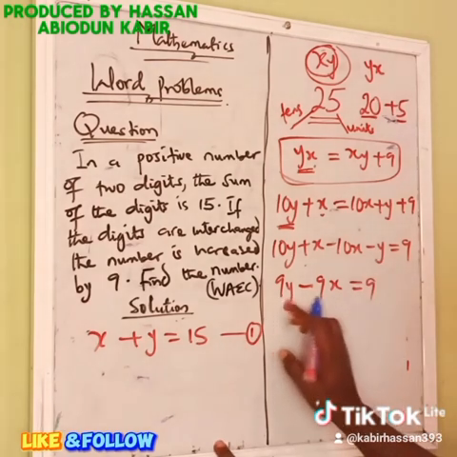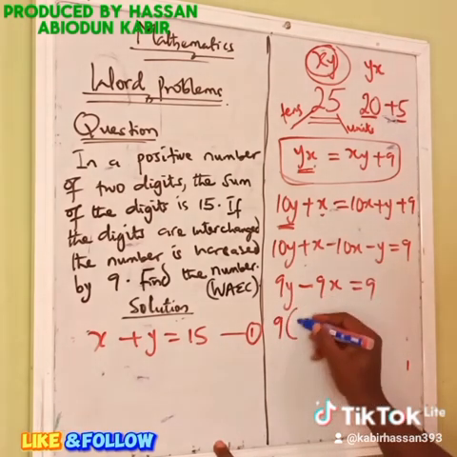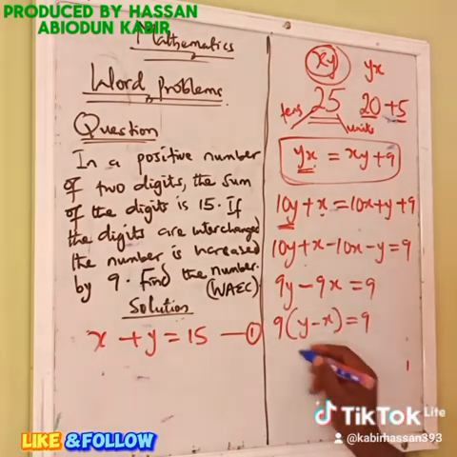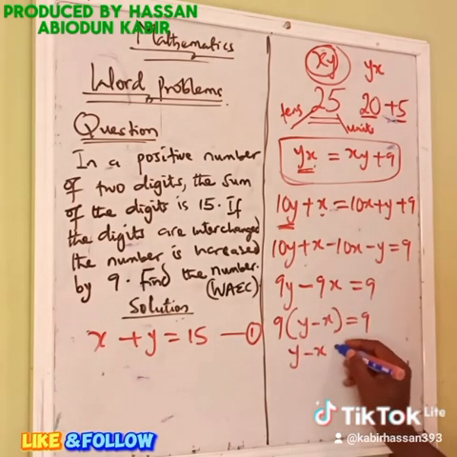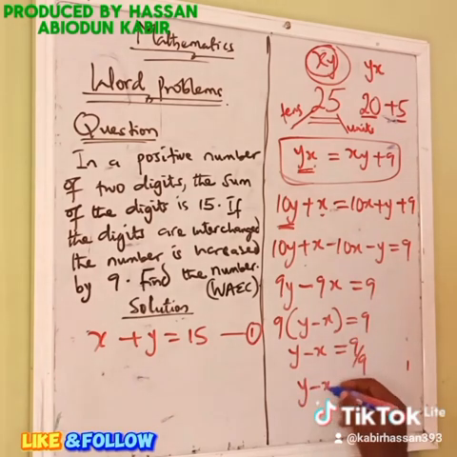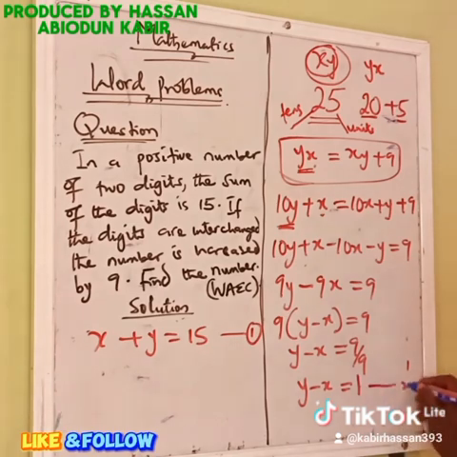Then we can factorize 9 out here. So we have 9 into y minus x equal to 9. So y minus x will be 9 divided by 9, then y minus x gives us 1. Let's call this equation 2.